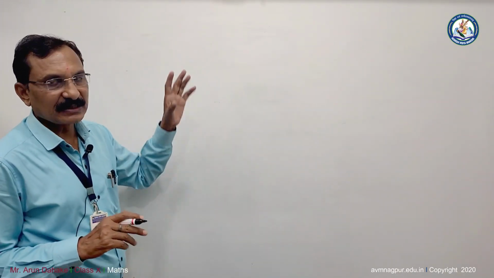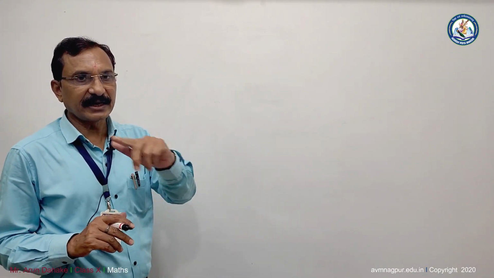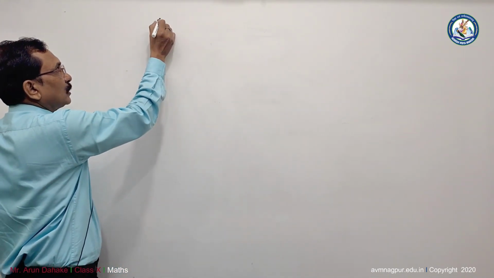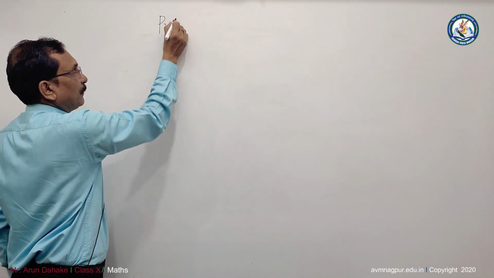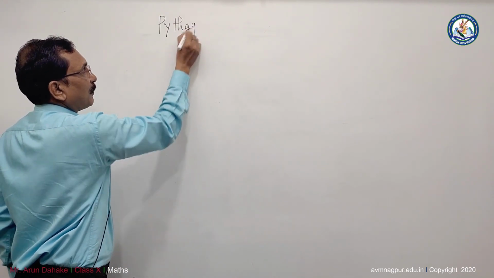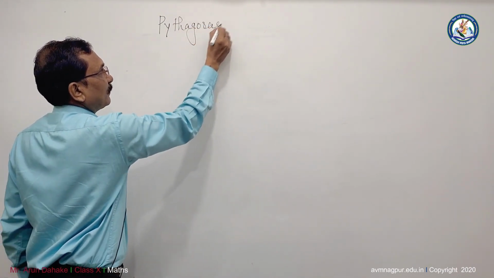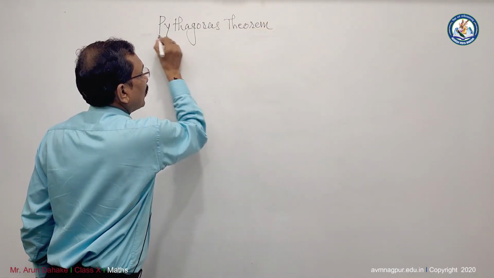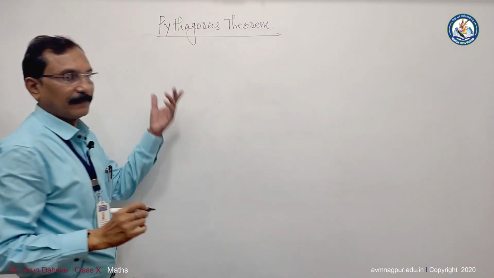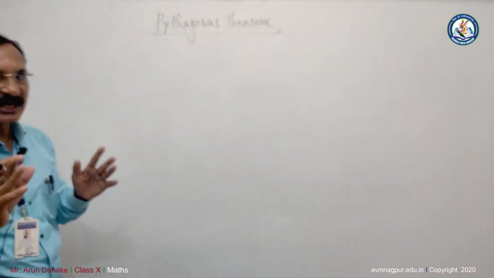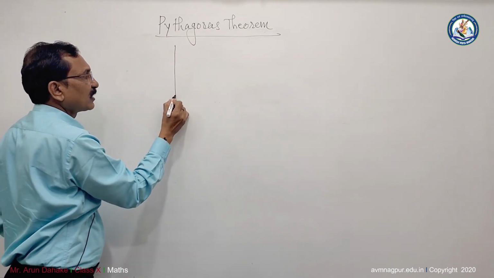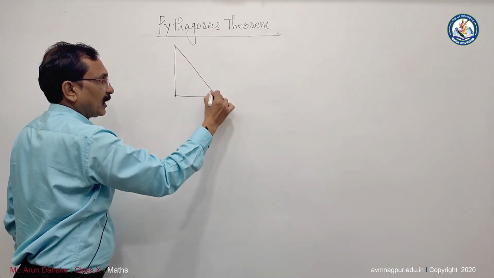Students, we studied the similarity in right angle triangles in the previous chapter. Now we study the Pythagoras theorem. You know that the statement of this Pythagoras theorem is applicable only for a right angle triangle.